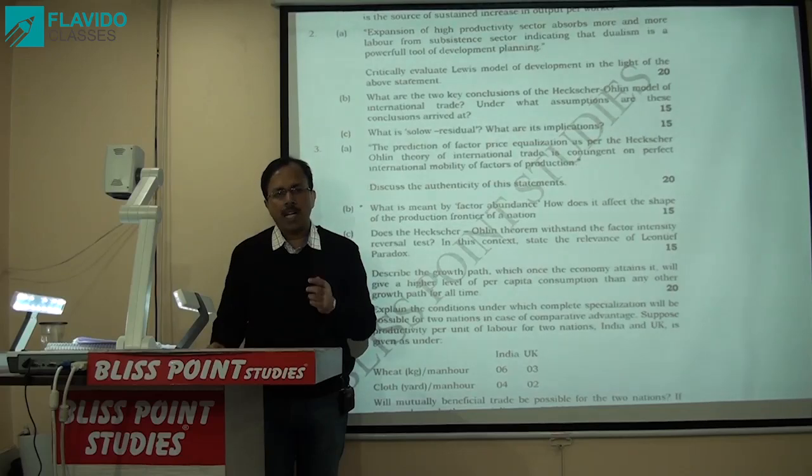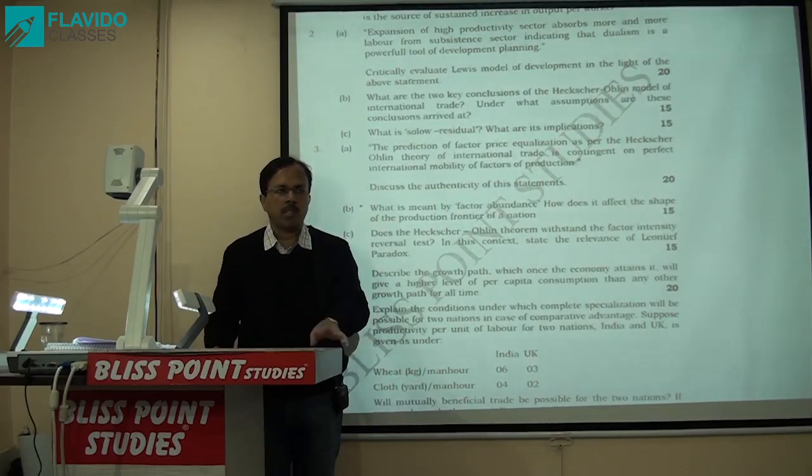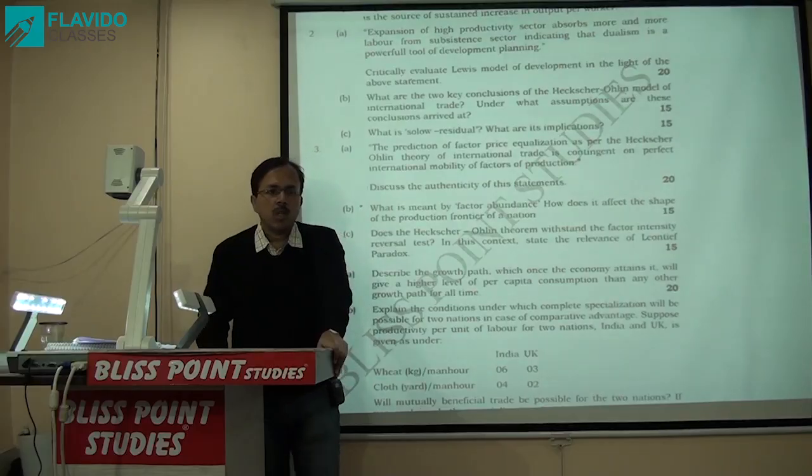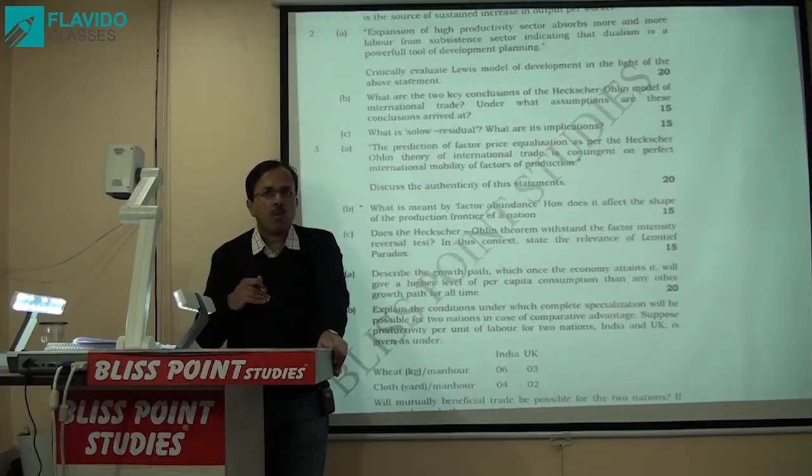But despite that immobility of factor of production, factor prices get equalized because trade is happening. So the economy was not exporting labor, but economy was exactly exporting what? Goods produced with labor intensive technology. So indirectly there was mobility of labor, not directly.